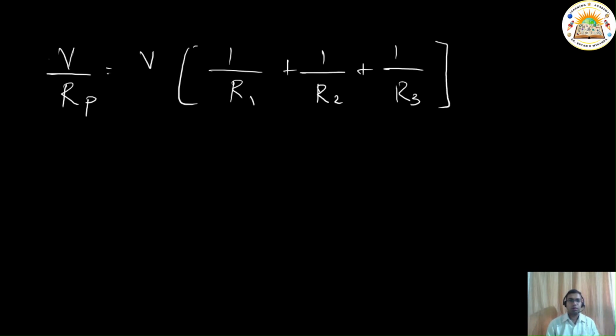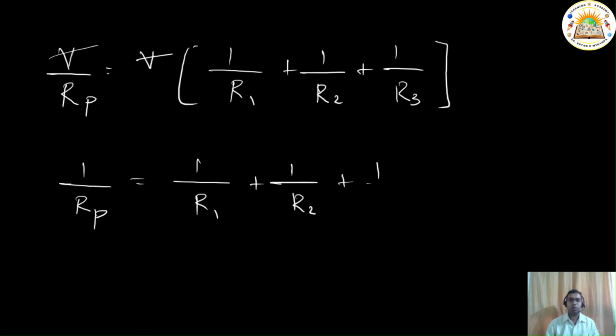The V will get cancelled and I will end up having 1 by Rp is equal to 1 by R1 plus 1 by R2 plus 1 by R3. Now this is the combination of resistors in parallel that is there.